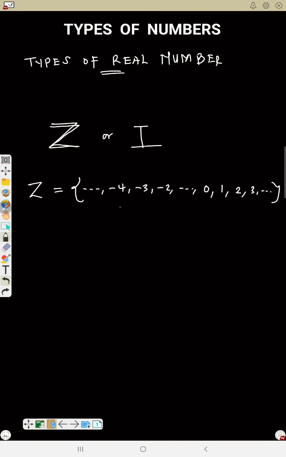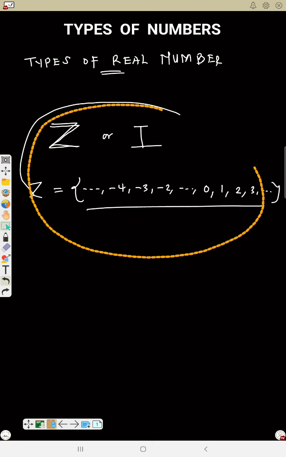So this set is the set of integers. Now you can observe, you can jot this.